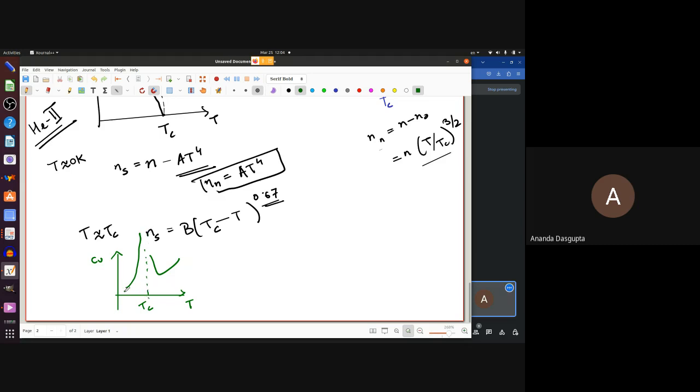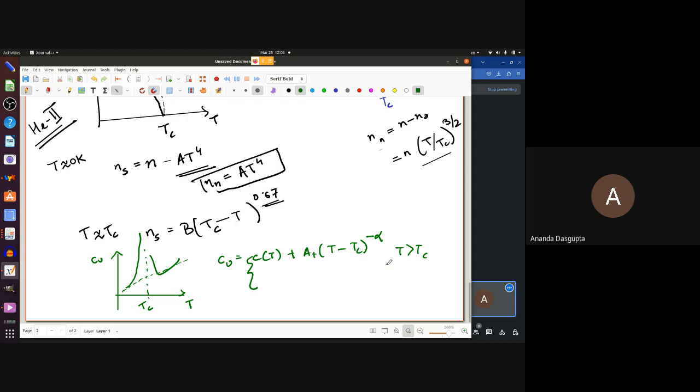If you look at the formula for the heat capacity, there is always a smooth variation, which is some smooth function of temperature, and then there is a divergent part. The divergent part goes like a negative power: when T is bigger than Tc it is T minus Tc to the power minus alpha. When T goes closer and closer to Tc, T minus Tc goes closer and closer to zero, and you get infinity.